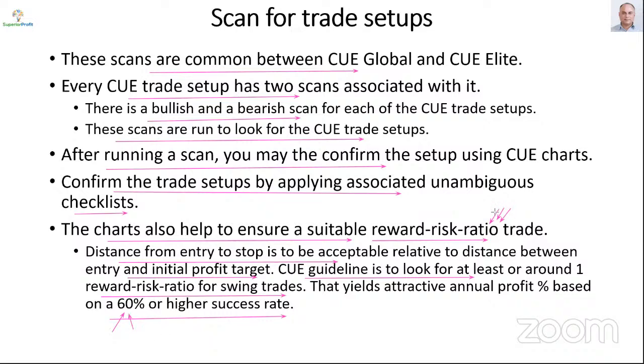We need to have attractive reward risk ratio, and that can be confirmed by looking at the charts after running the Q scans. So we need to look at the charts for 2 reasons. One is to confirm the trade setup, and then to check that we have attractive reward risk ratio.